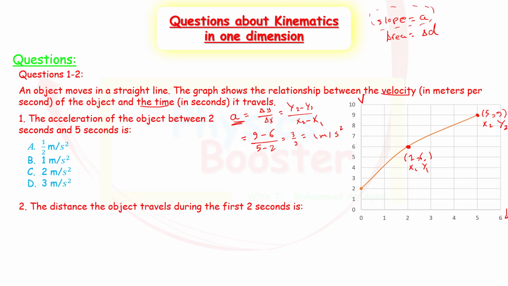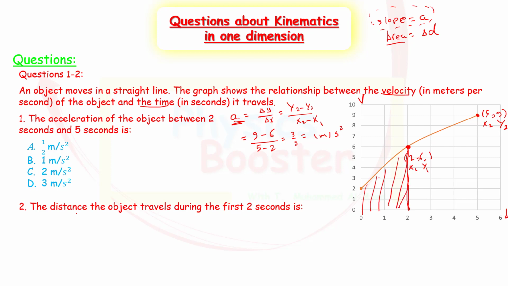Now it's asking to find the distance the object travels during the first 2 seconds. So it's asking me to find the distance traveled in this zone right here. Since I'm looking for the distance, I need the area. What's the area I'm looking for? I'm looking for the area below the graph, this shaded area.